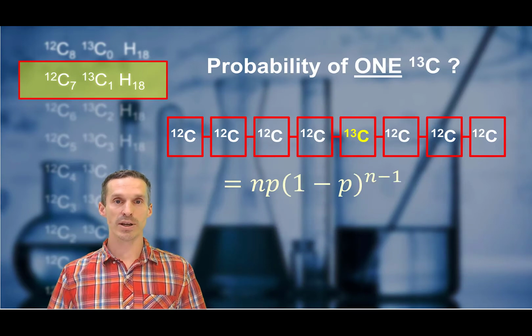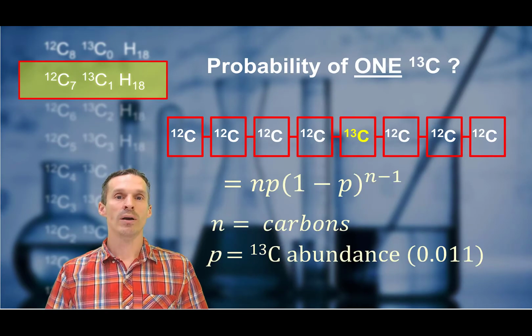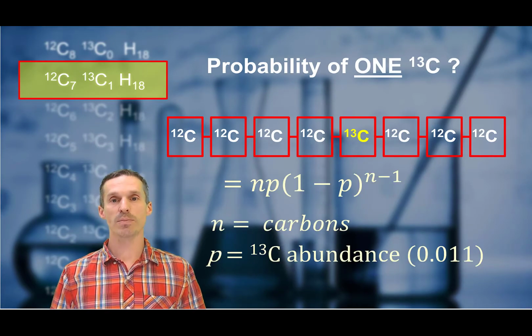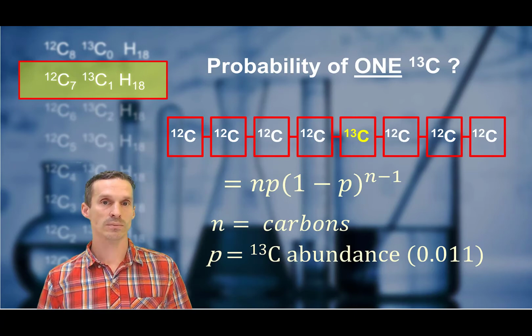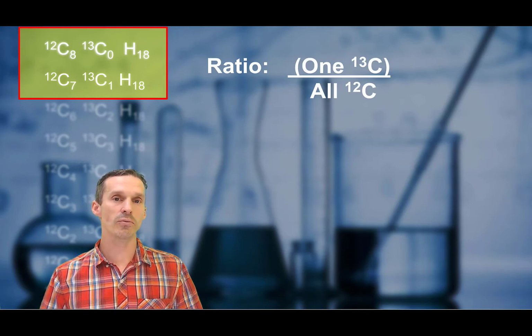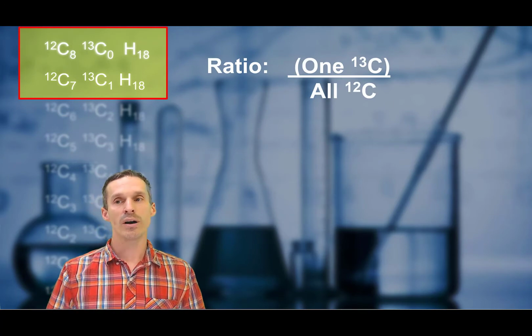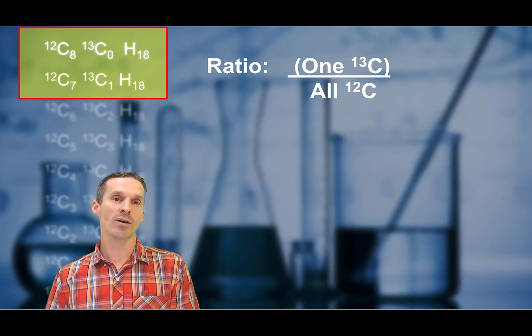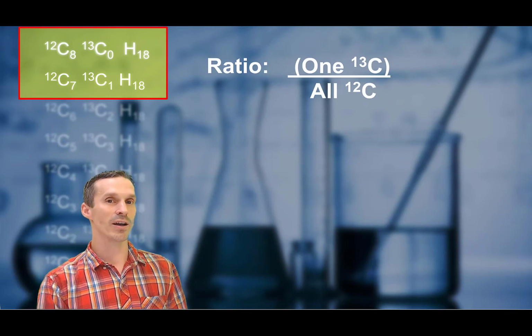So let's just express that equation as a general formula. N is the number of carbons, and P is the probability of finding carbon-13, so 0.011. Now, the other thing that's relevant for us to calculate here is actually the ratio. In other words, the ratio of finding one carbon-13 over the ratio of not finding carbon-13.